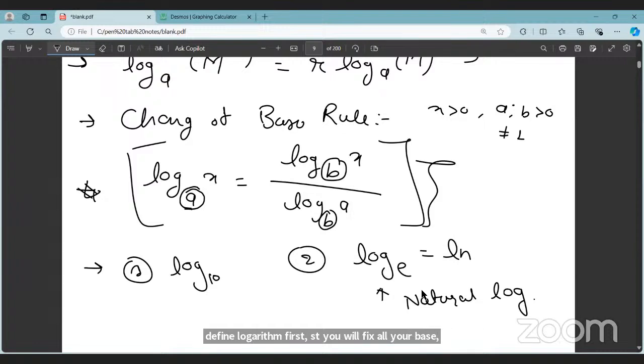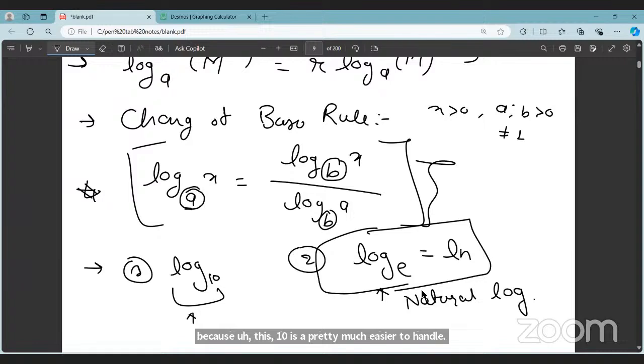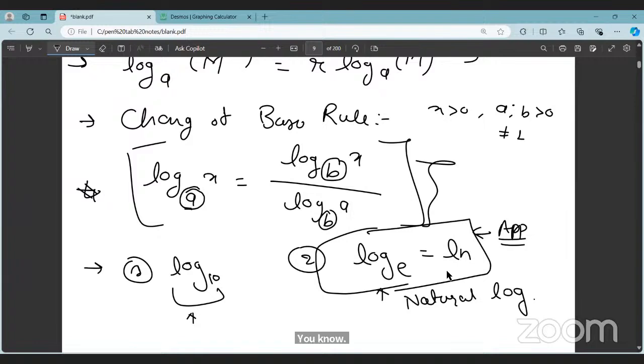Why do we take these two? Because base 10 is pretty much easier to handle, and the natural logarithm comes into the picture in so many examples and applications. Log base e is written as ln.